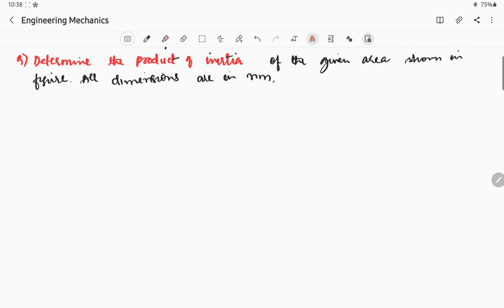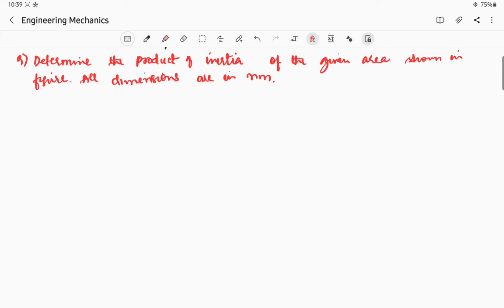Okay, so this is the question given to us. Now we have to calculate the product of inertia of the given figure. Previously we were calculating moment of inertia, but here we have to calculate product of inertia.